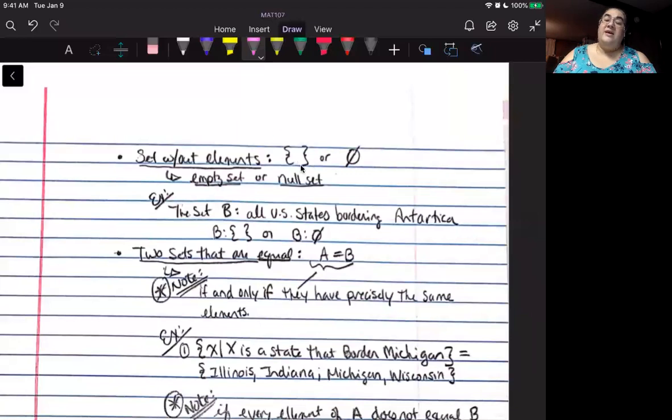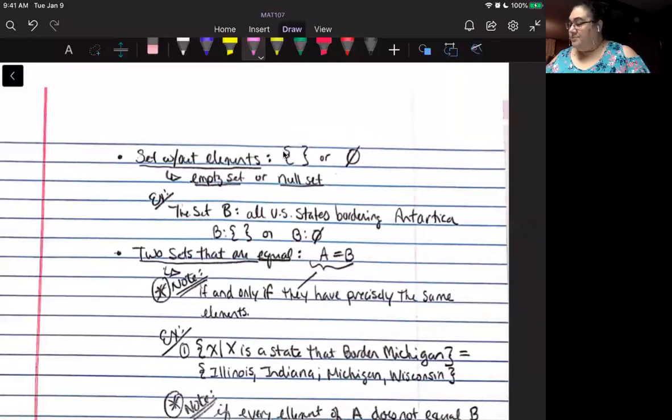Whether you use this symbology or this symbology, what you're talking about is what's called the empty set or the null set, meaning none of the elements that we're discussing belong in this set. Or sometimes we use the same symbology when we're trying to say the thing we're talking about doesn't have a solution belonging to the set of numbers we're discussing. So the answer is null, which is what we refer to as this, or empty set, which is what we refer to as this. Okay?